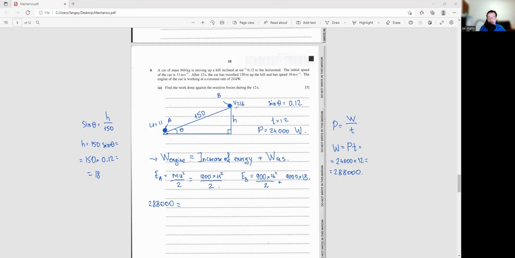That's going to be energy at the point B, 900 times 16 squared over 2, plus 9,000 times 18, minus energy at A, 900 times 11 squared over 2, plus the work done against the resistance.